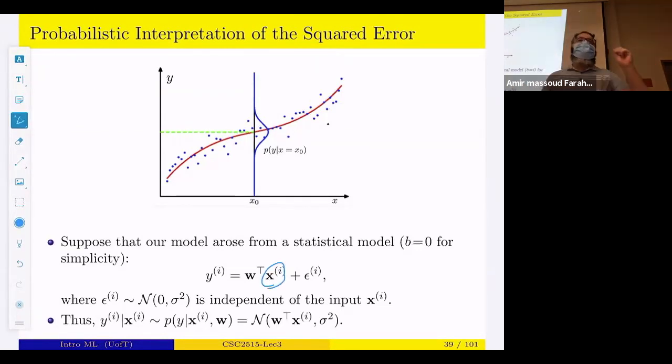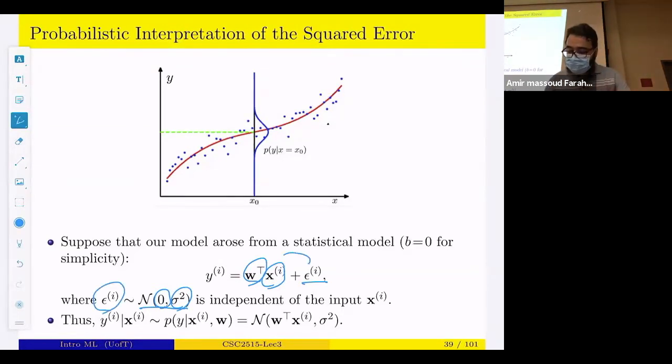I give the model xi, then it multiplies it by some weight, w. So this is a linear model, and we add some noise to it. And what is the noise? The noise is a normal or Gaussian distribution with a mean of 0 and a variance sigma squared. So this is the model of the noise.